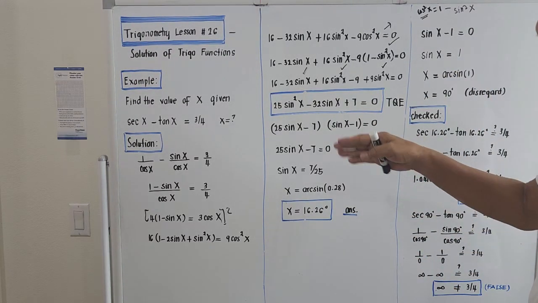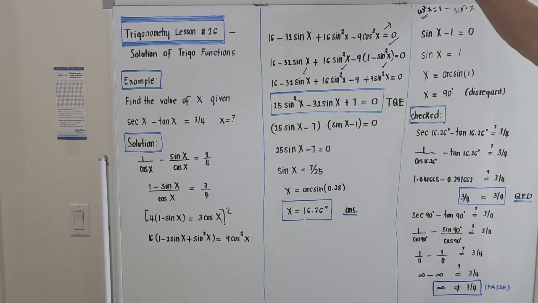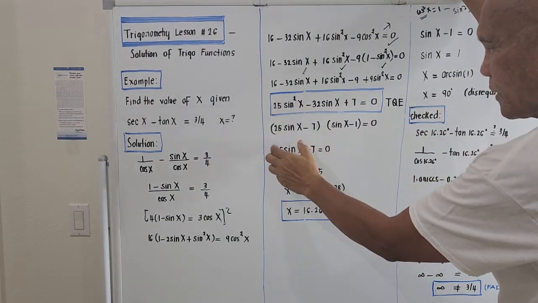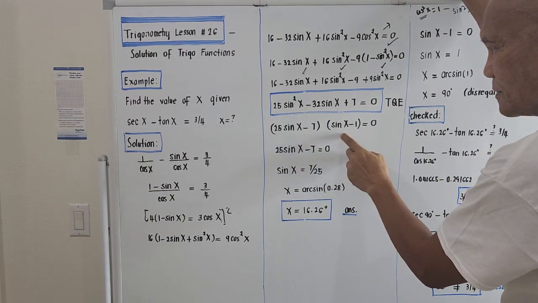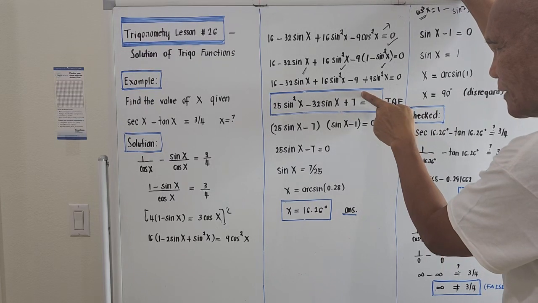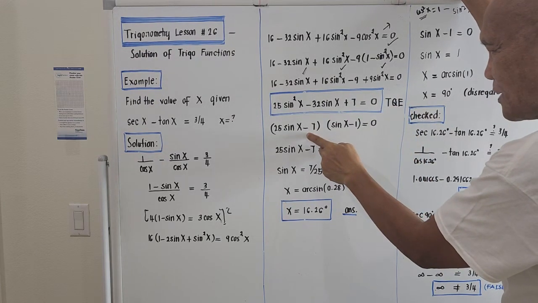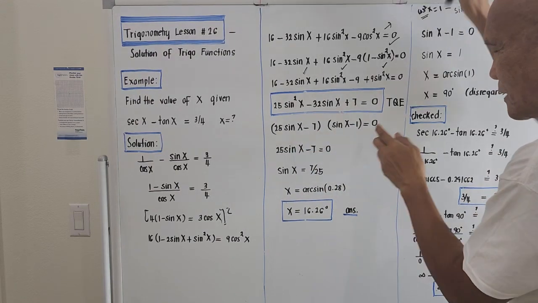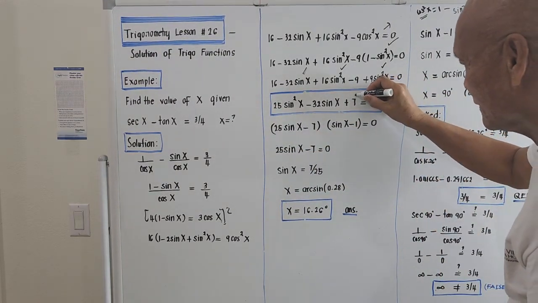I think the best solution here is by factoring. The possible factors of 25 sine square of x will be 25 sine of x and sine of x. And the possible factors of 7 will be a negative 7 and a negative 1, because negative 7 times a negative 1 is actually a positive 7, right?